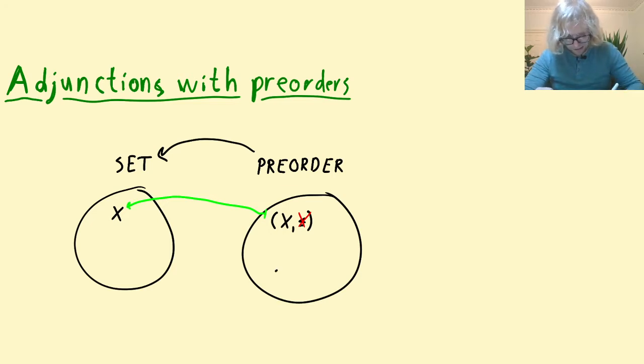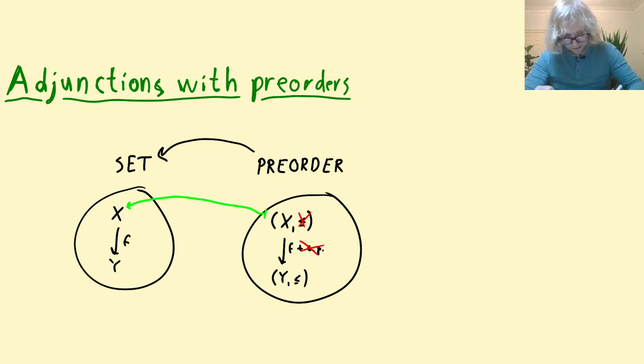And similarly, if I have another one and a morphism between them, there was an f plus a proof that it was order preserving. So here I can just forget about the fact that my function was order preserving, and that will give me a function between the underlying sets.